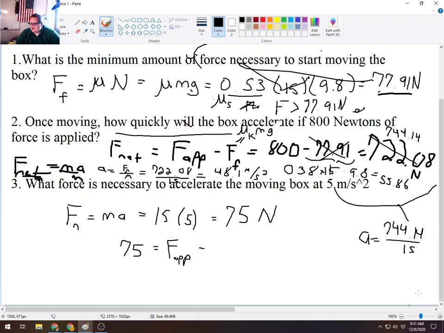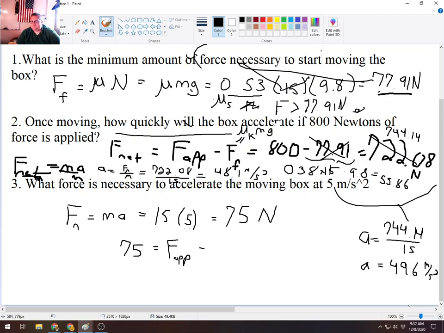Yeah, so the actual final answer here would have been 49.6 meters per second squared. Okay, sorry about that. That should be correct now.